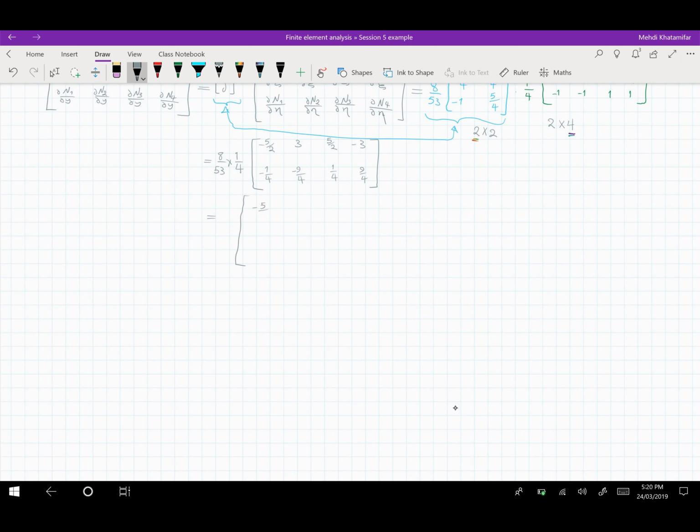So -5/53, 6 divided by 53, 5 divided by 53, -6 divided by 53, 1 minus 1/106, minus 9/106, 1/106, 9/106.